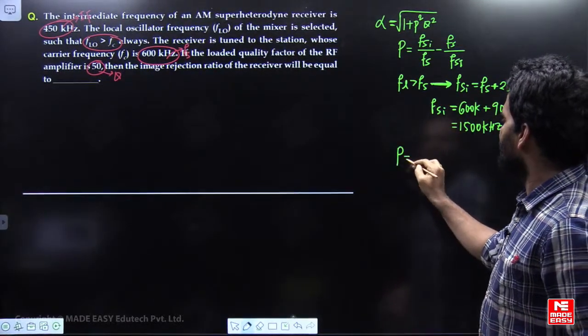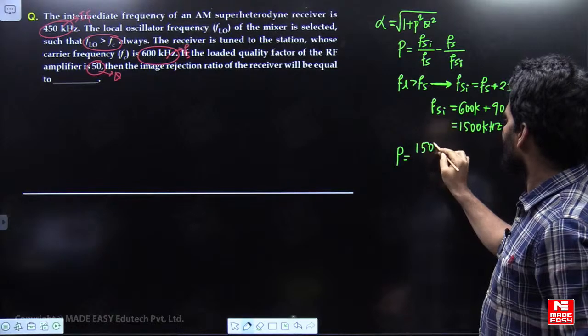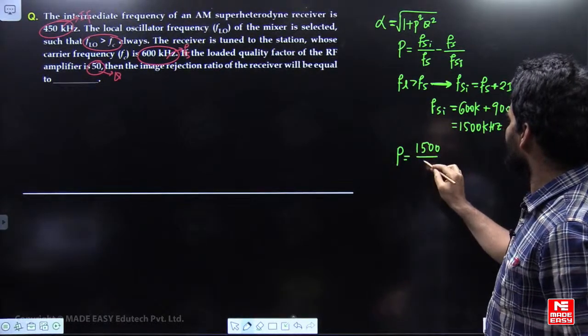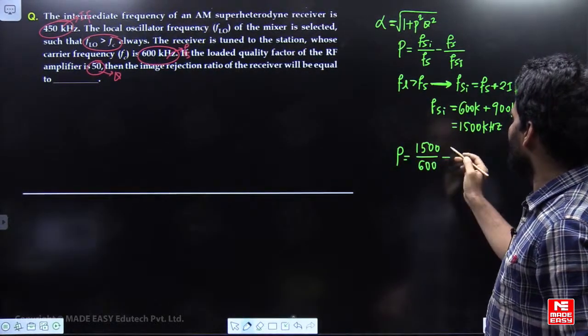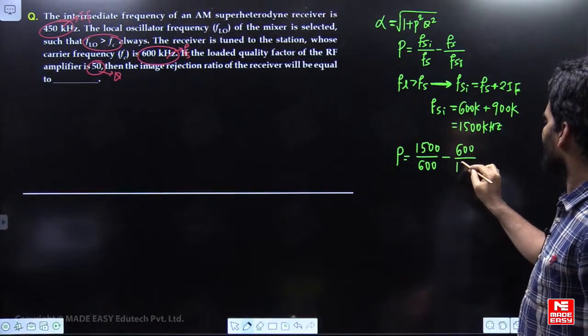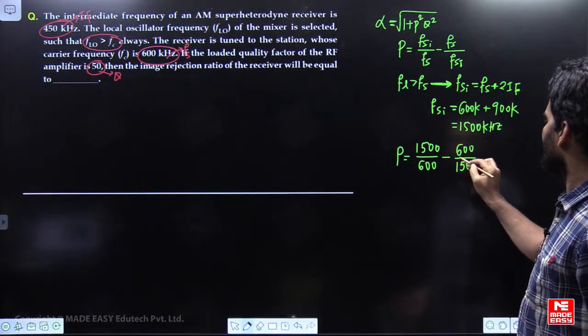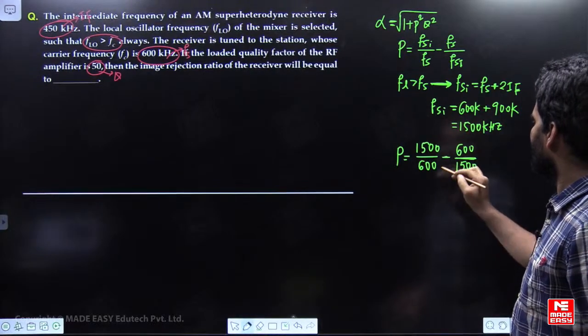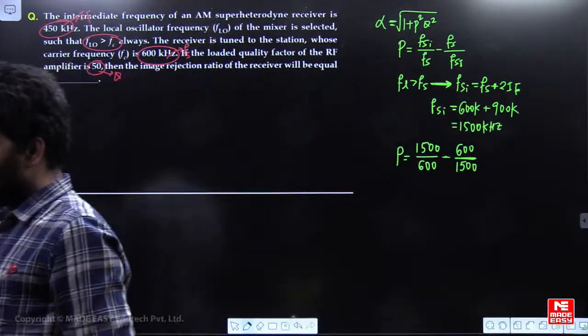Then what is the P value? FSI upon FS, kilohertz will be cancelled, minus FS upon FSI. So what is that P value you will get?